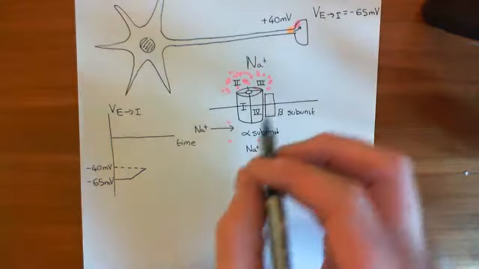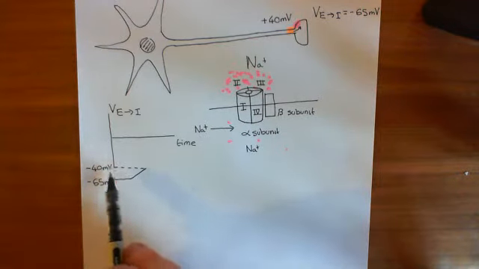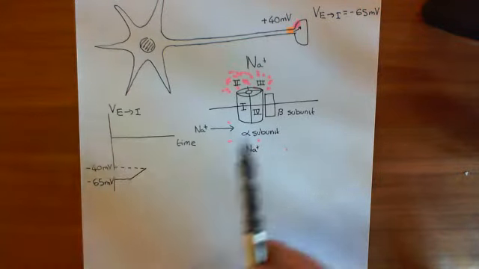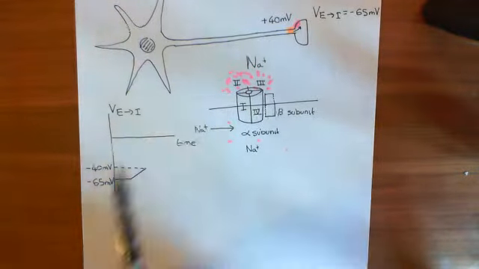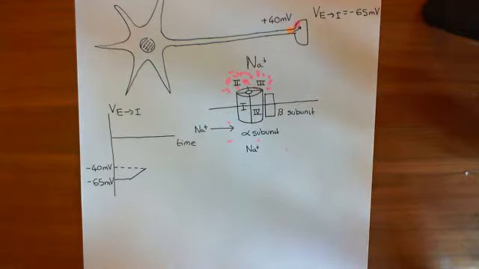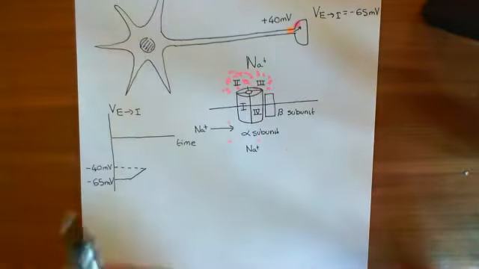Also, you have to factor in the fact that the electrical potential difference across the membrane is still negative 40 millivolts, which means that the electrical potential of this intracellular compartment is lower than the electrical potential of the extracellular compartment, and it's lower by 40 millivolts. Sodium ions have a positive charge, which means they want to go to areas of lower electrical potential.